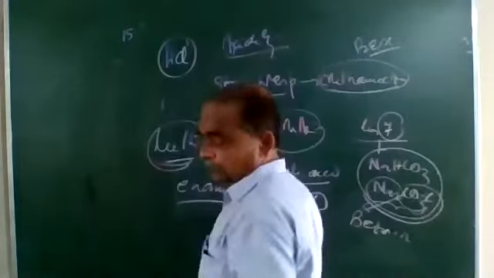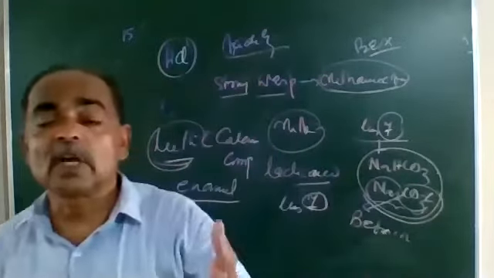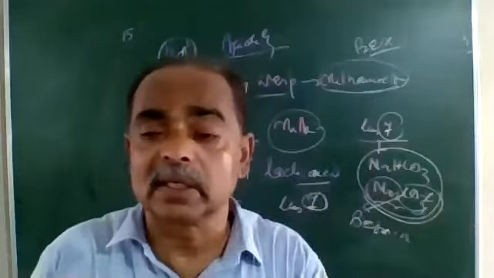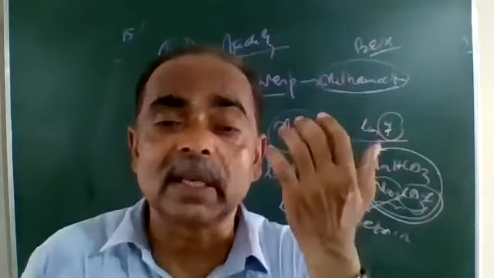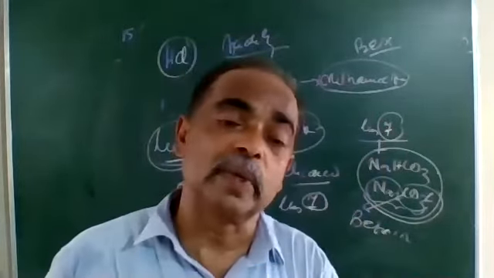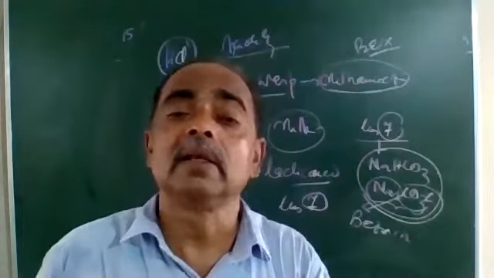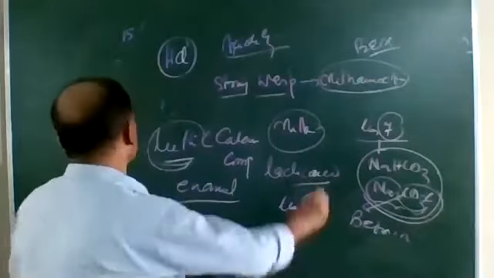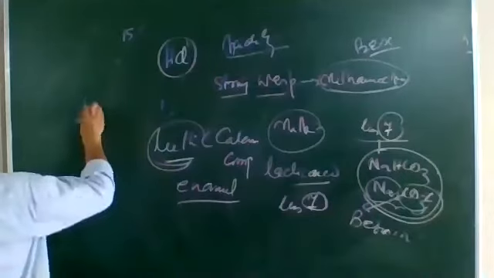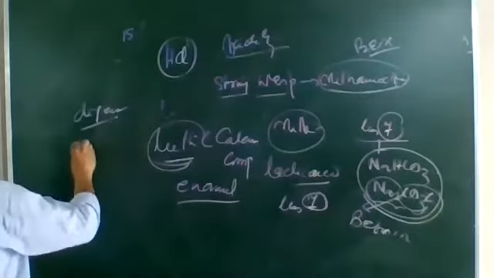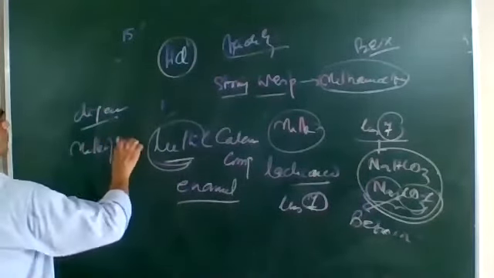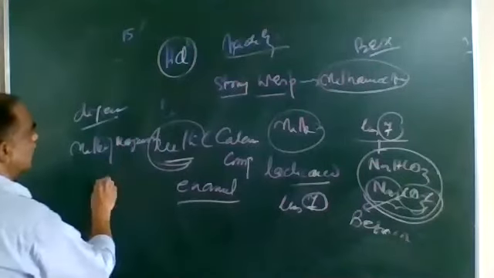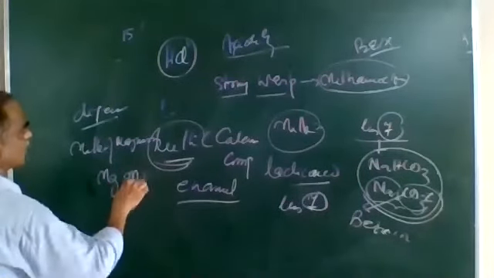And how can we neutralize acidity? Acidity can be neutralized only by consuming an alkali. One such alkali, you are familiar with, is milk of magnesia. Milk of magnesia contains magnesium hydroxide.